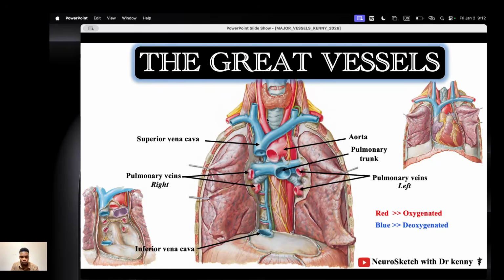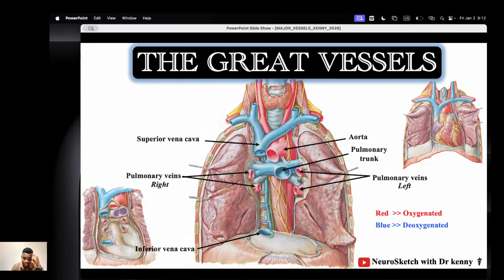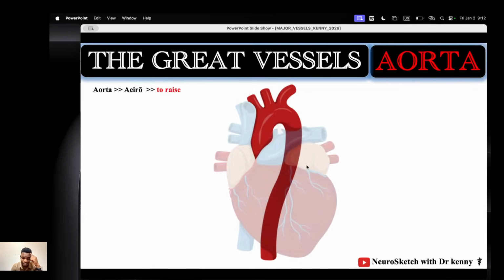The blue vessels signify that they carry deoxygenated blood, but the red vessels signify that they carry oxygenated blood. Let's talk about the aorta. The word aorta comes from ancient Latin meaning to rise. This artery is arising from the heart, and this is why it is called aorta.